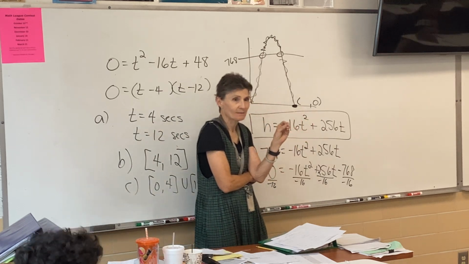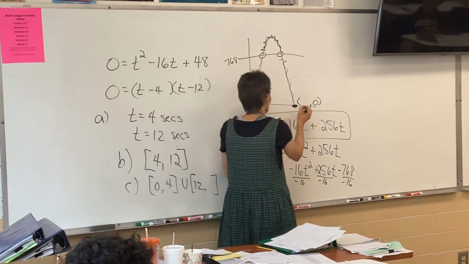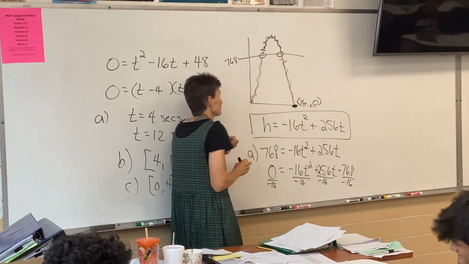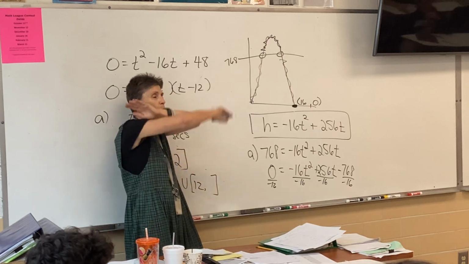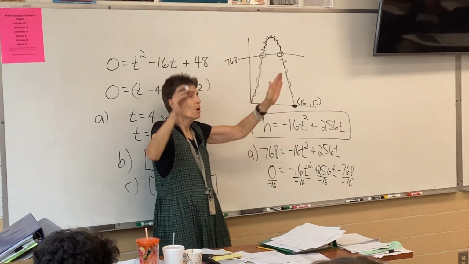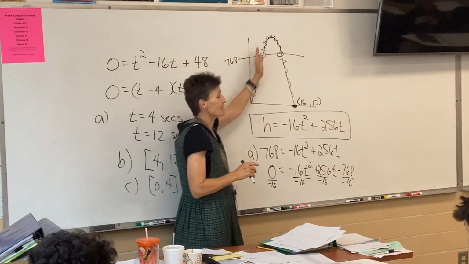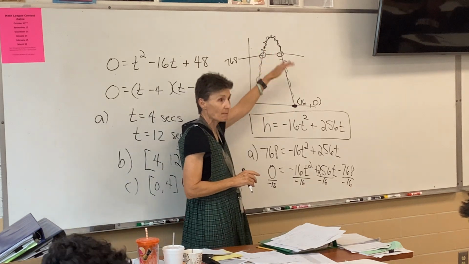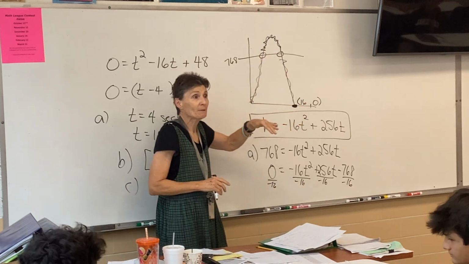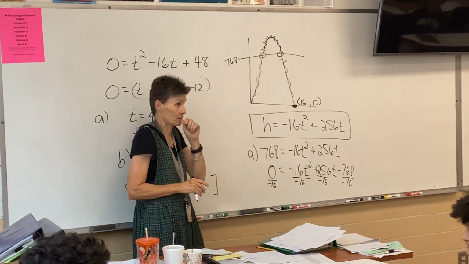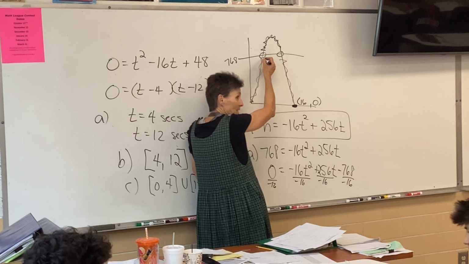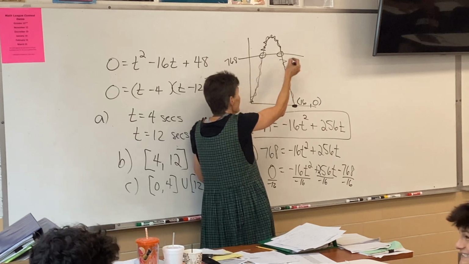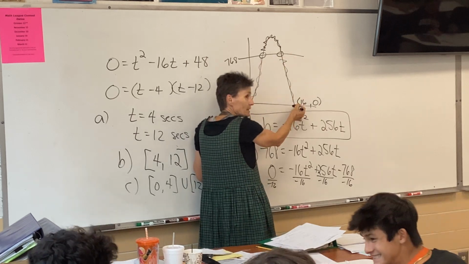It's 16. What shape is this? This is a parabola. Parabolas are symmetric figures. So if it took me 4 seconds to get up, then it's going to take me 4 seconds to get down.